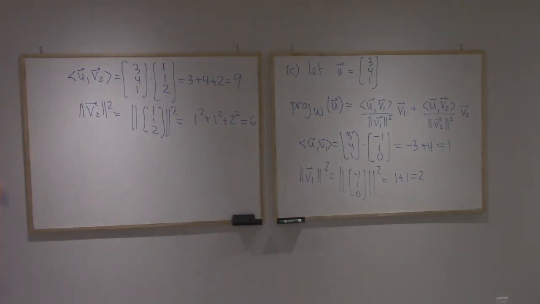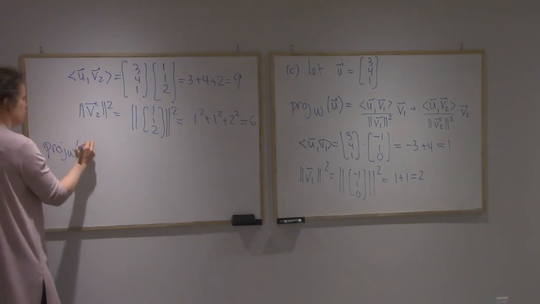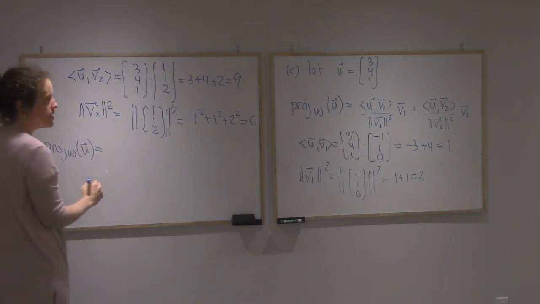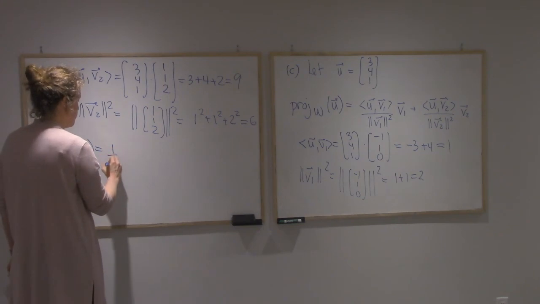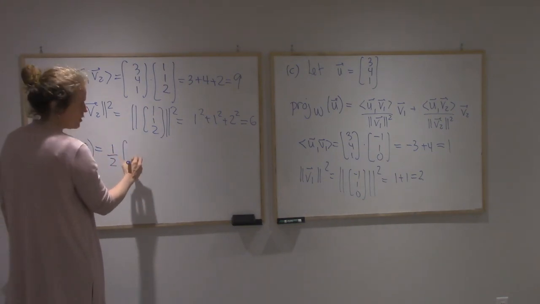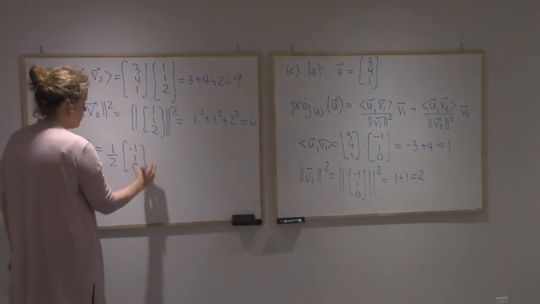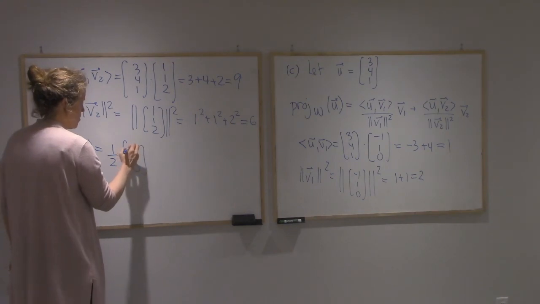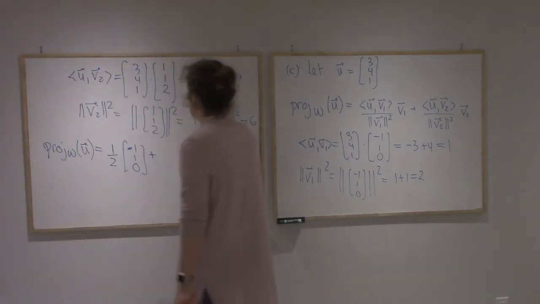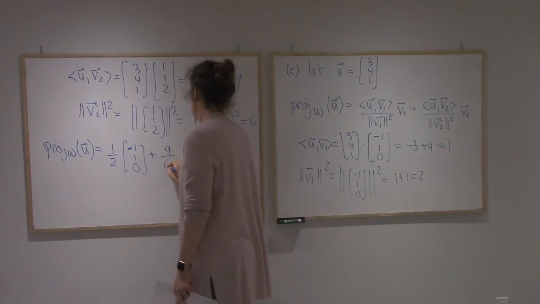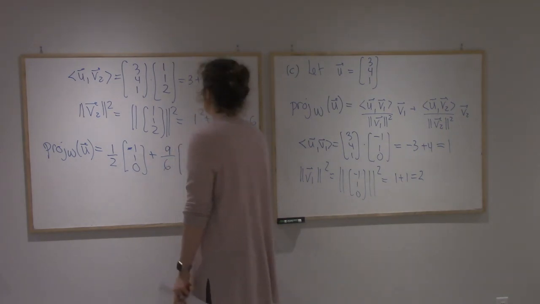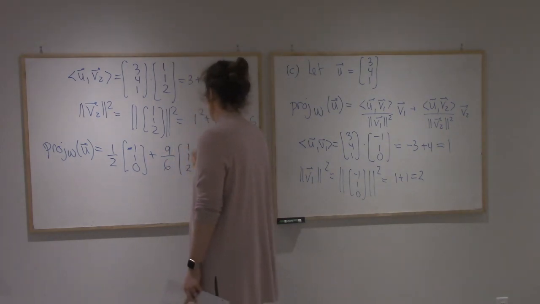Alright, so we're ready to write the projection now. The projection onto W of U is 1/2 of V1, minus 1, 1, 0, plus 9/6 of V2, which is 1, 1, 2.